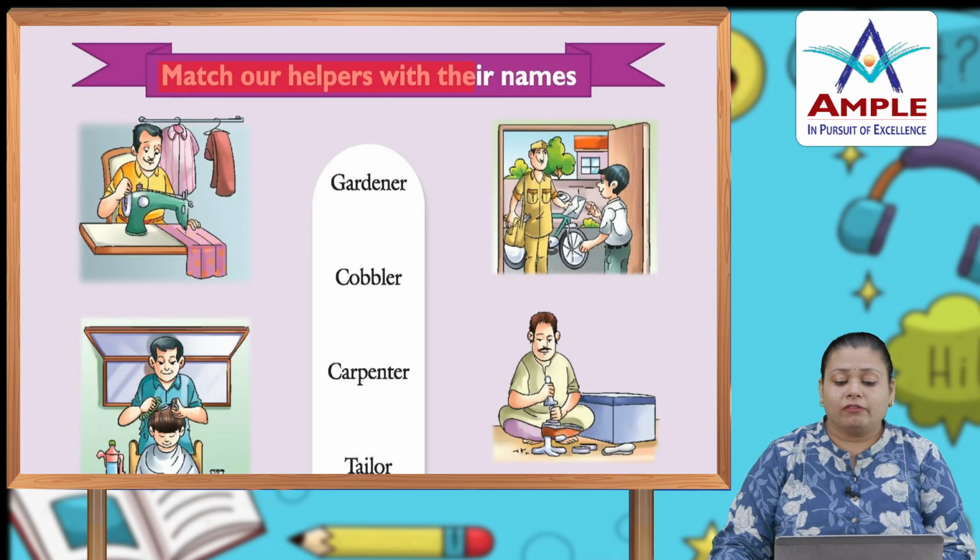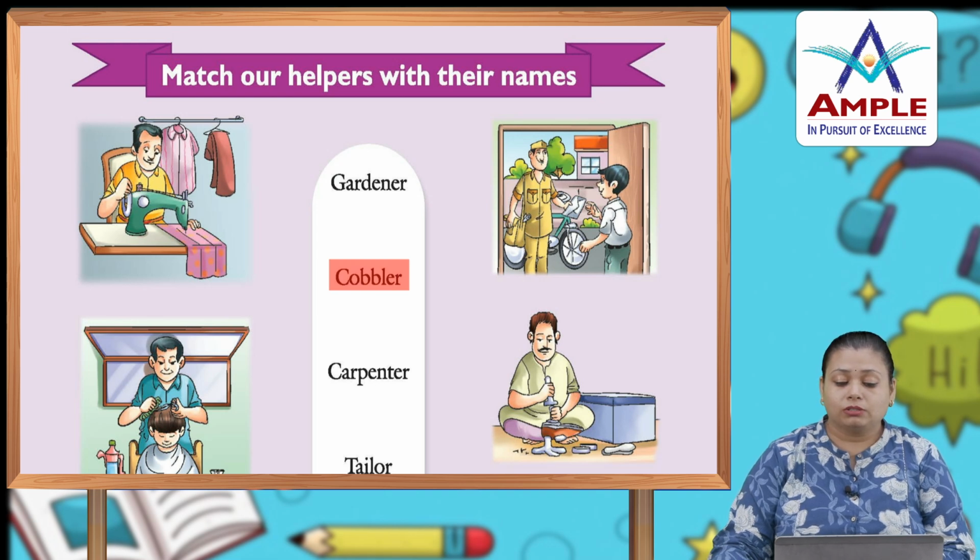Now match our helpers with their names. Here are some helpers given on this page, and some names are also given. I will read out the names for you and you match them with the particular person. Number 1 is gardener. Number 2 is cobbler, who mends our shoes.